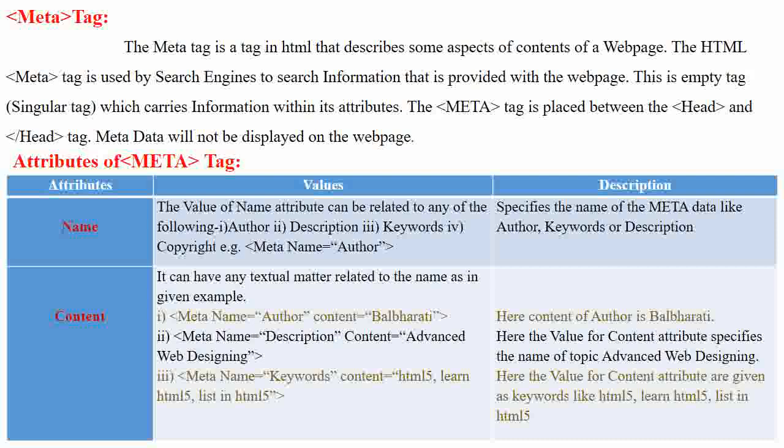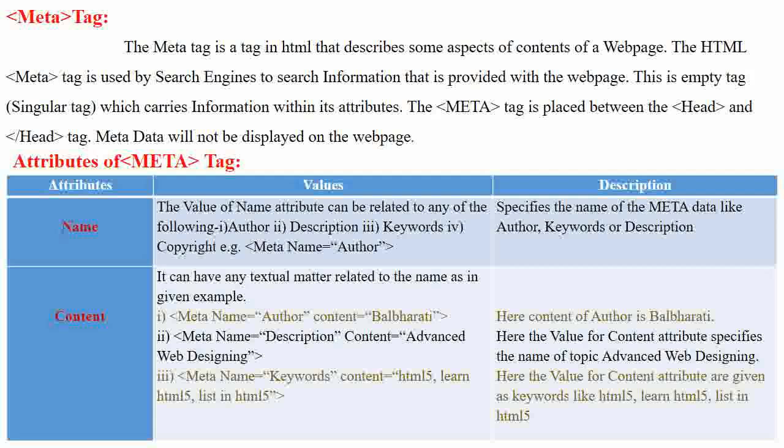So first we start with the meta tag. The meta tag is a tag in HTML that describes some aspects of the contents of a web page. The HTML meta tag is used by search engines to search information that is provided with the web page.